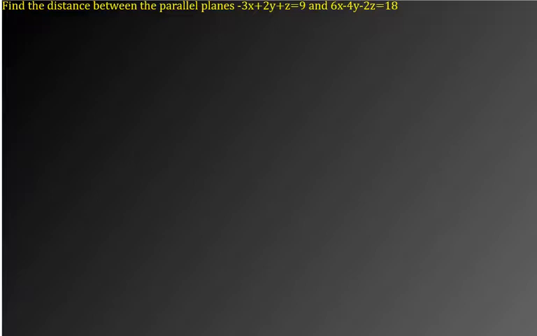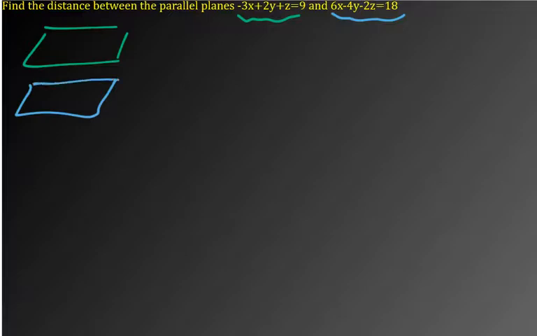So the idea with these problems is you'll have two planes, right? They're parallel. So you've got this plane. What we're going to do is pick a point in each plane, and create a vector that goes between the two points. And then we know that we can get a normal vector to either plane, really.